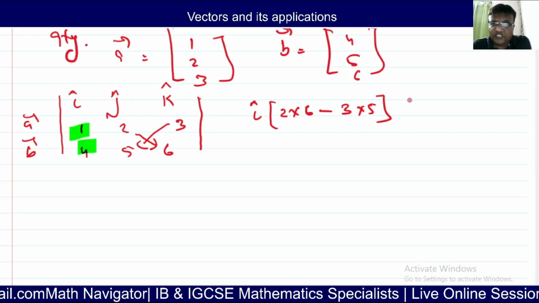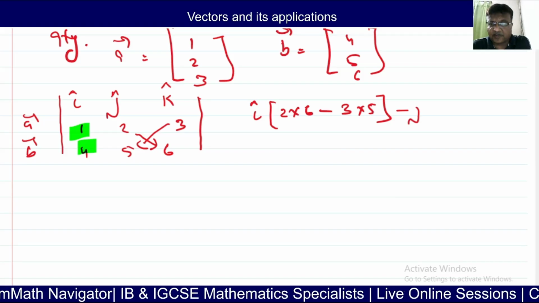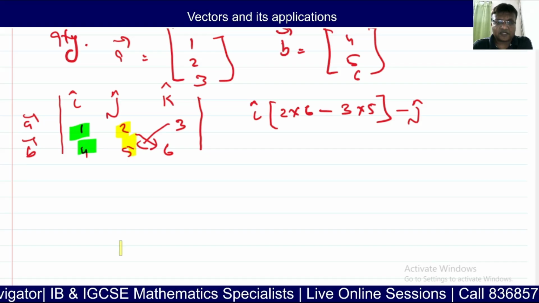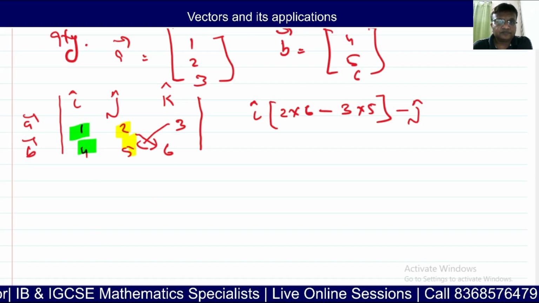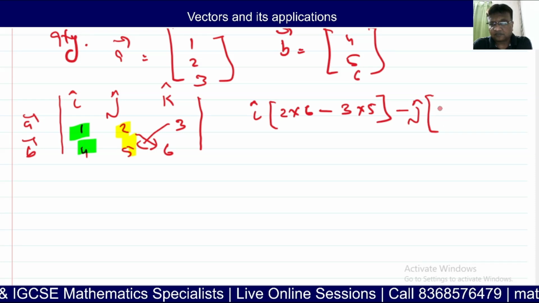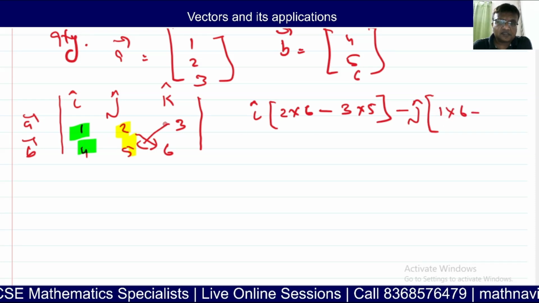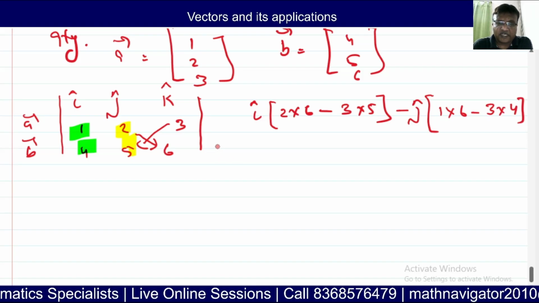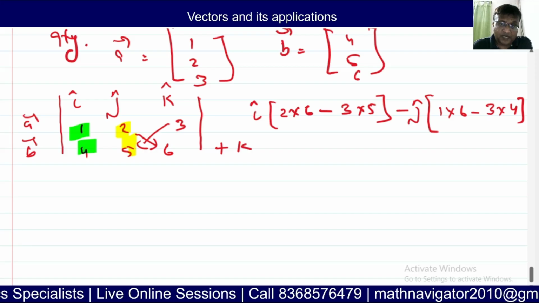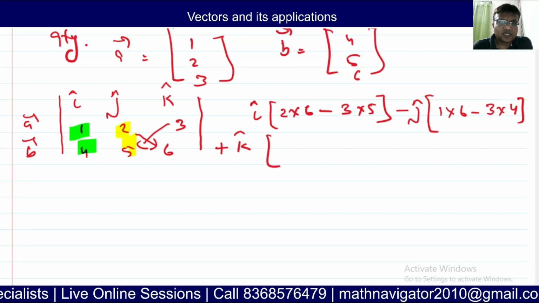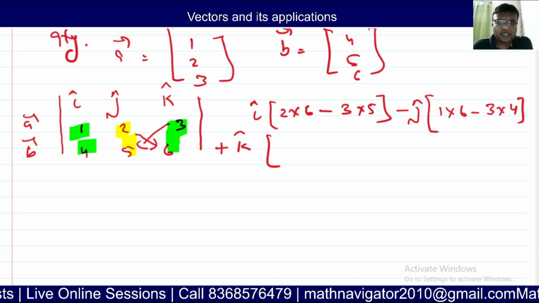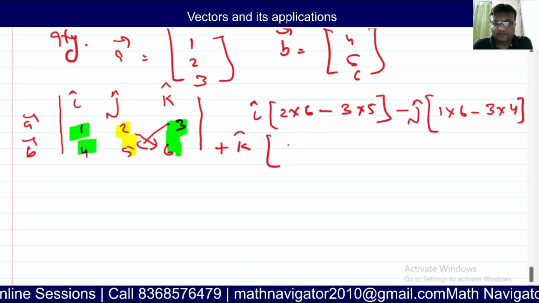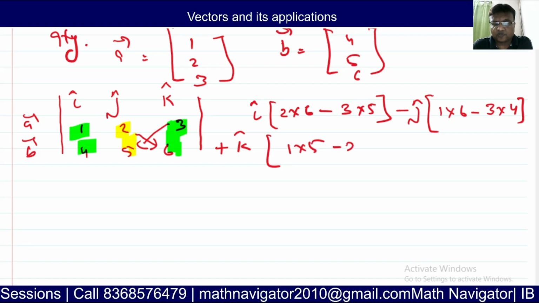When I want to find J, I have to put a minus sign and write J cap. And then I have to hide this part. So 1 times 6 minus 3 times 4. And if I want to find K, now remember this time we have to put plus K cap. So K cap will be this. Now this is 1 times 5 minus 2 times 4.